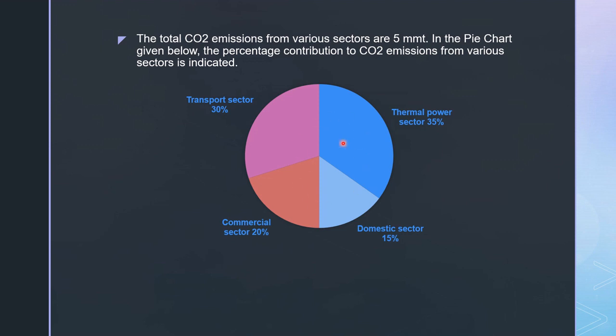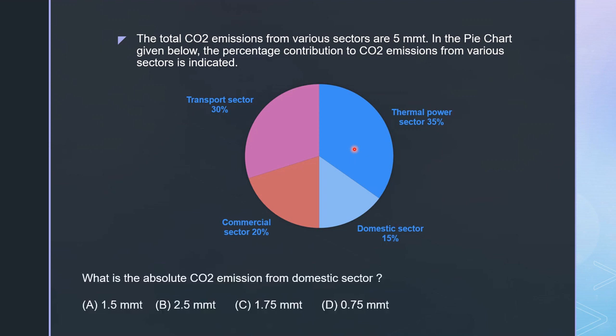So this question is based on the pie chart, and in the previous lecture we already learned how to solve pie chart questions. So what is the question? What is the absolute CO2 emission from the domestic sector? The domestic sector will emit 15% CO2, right?